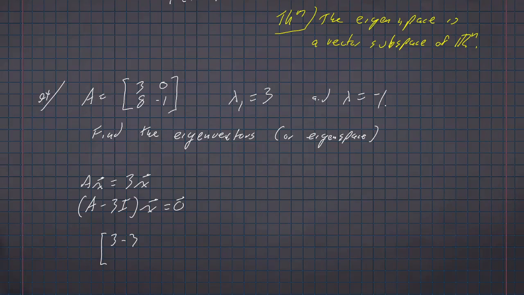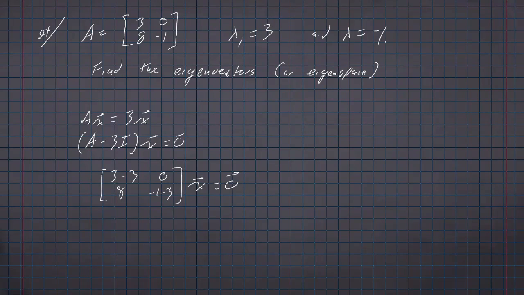And A minus 3I is 3 minus 3, 0, 8, negative 1 minus 3. Of course, 3 minus 3 is 0.